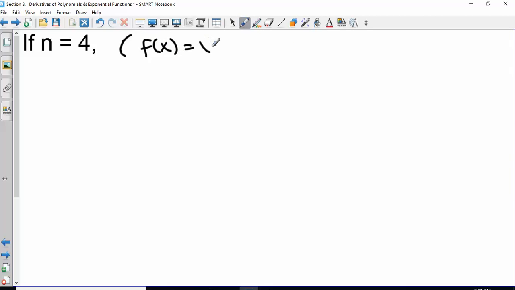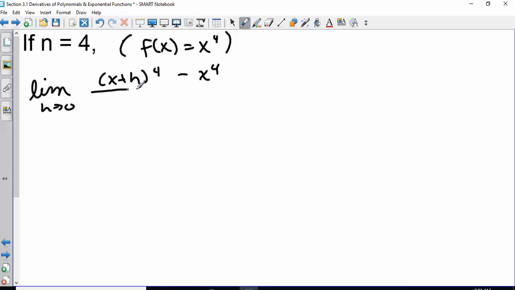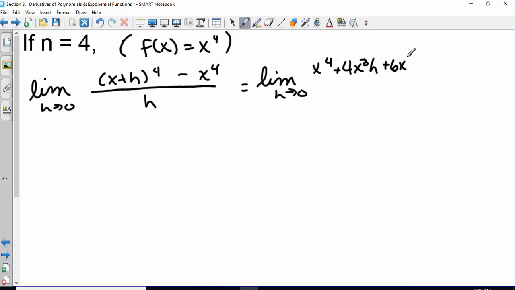Let's see. So if you did the limit as h approaches 0, f of x plus h minus f of x all over h. So if you wrote that out 4 times and multiplied, you get x to the fourth plus 4x cubed h plus 6x squared h squared.